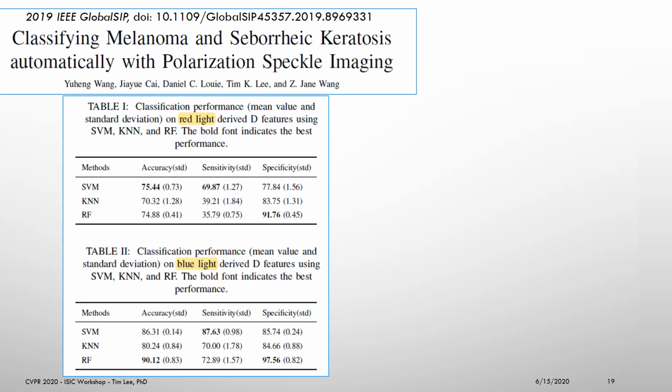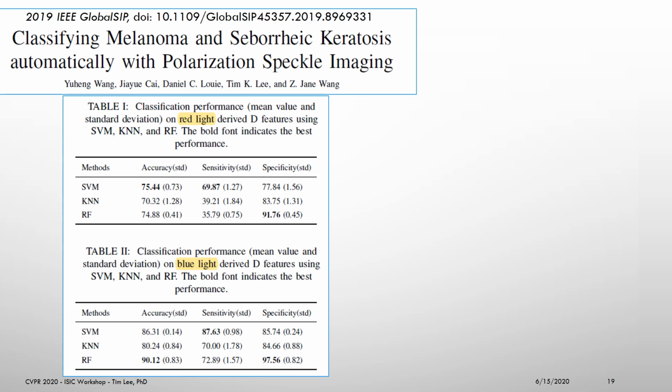It is because the blue light data encode information of skin surface roughness. It is well known that seborrheic keratosis is a rough lesion, but melanoma is a smooth lesion. Dermoscopy with an internal view cannot be used to analyze skin surface roughness. Even with the surface mode of a dermoscope, we would have a problem detecting skin surface roughness.